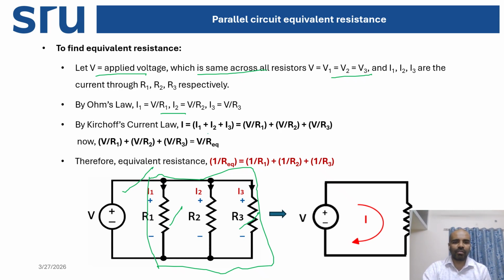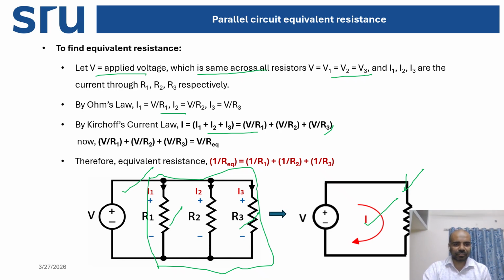Now we know that current is additive in nature, so total current I equals I1 plus I2 plus I3. I1 is V by R1, I2 is V by R2, and I3 is V by R3. So you can write V by R1 plus V by R2 plus V by R3 equal to I. I is the current through the equivalent circuit, so I equals V by R equivalent.